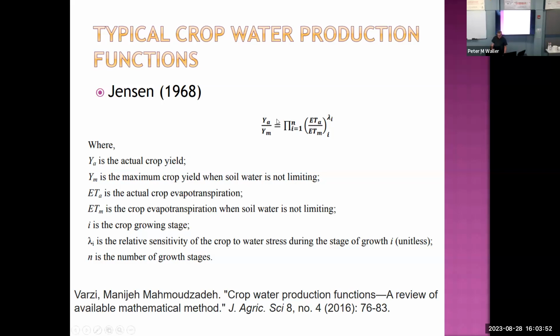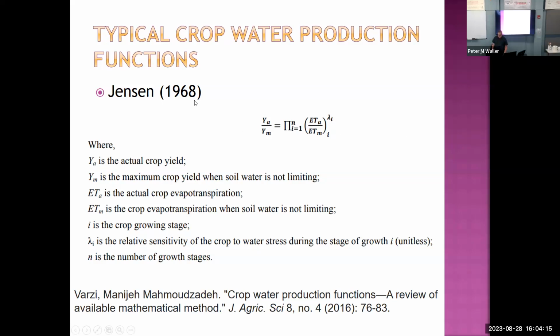So here we have an equation with actual yield over maximum yield. There's a maximum potential yield for the crop, and that's a function of the actual evapotranspiration over the maximum evapotranspiration. So this is more in the range of reduced water application rather than excessive water application.